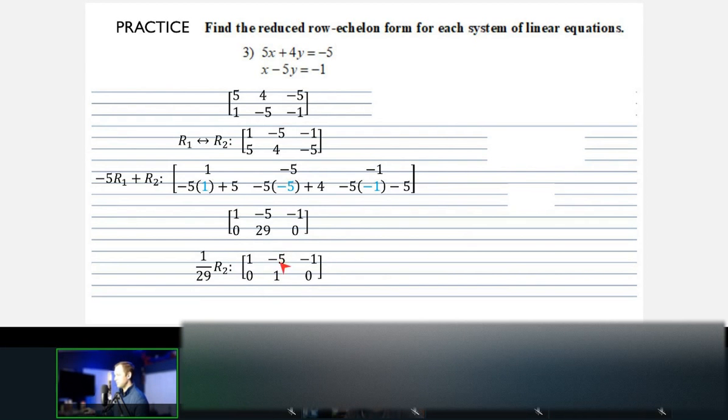So what is the row operation that we're going to do? How are we going to use this 1 to make that a 0? It is scalar multiplication. So what is the actual operation written out we're going to do?